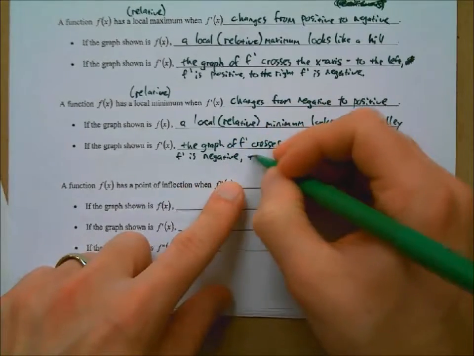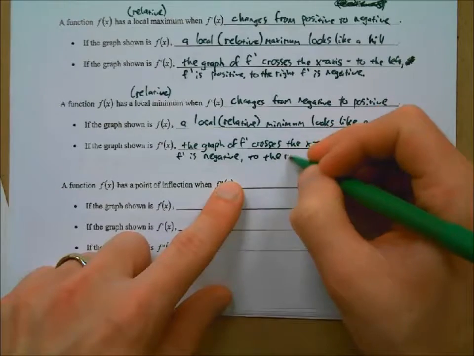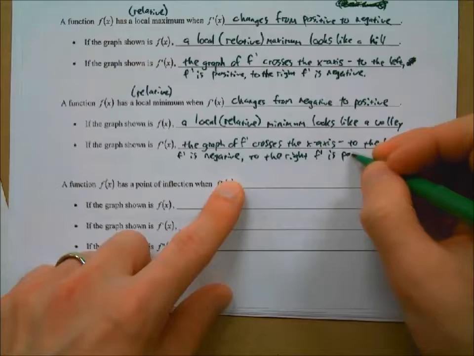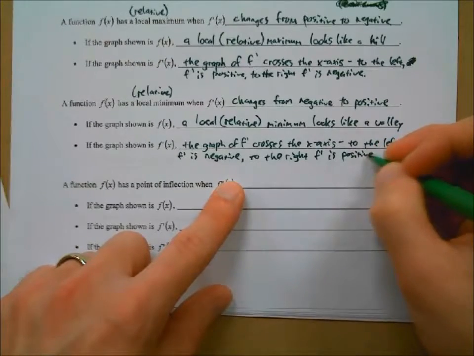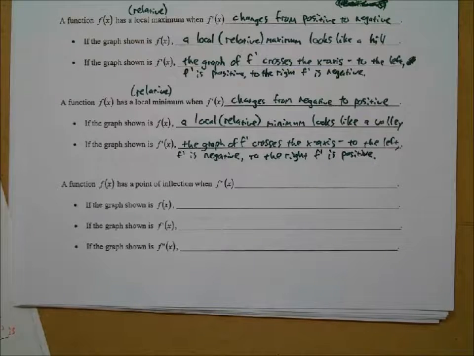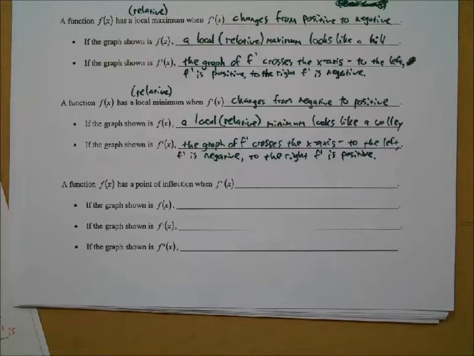To the right, f prime is positive. Okay. So where our first derivative changes from negative to positive, the original function is changing from decreasing to increasing, indicating that relative minimum.